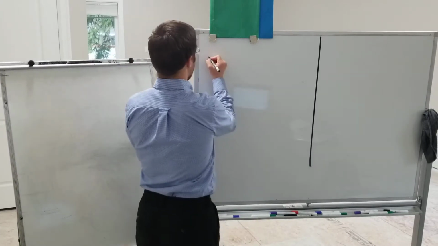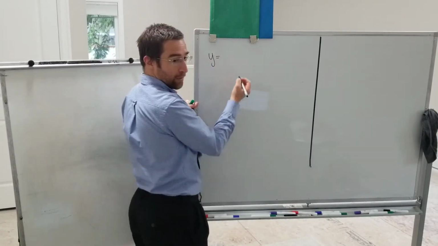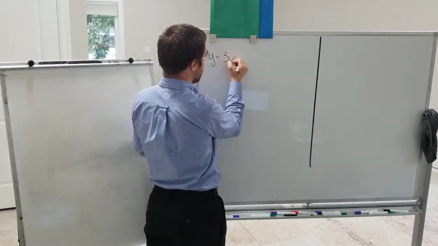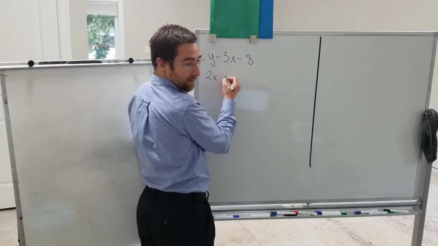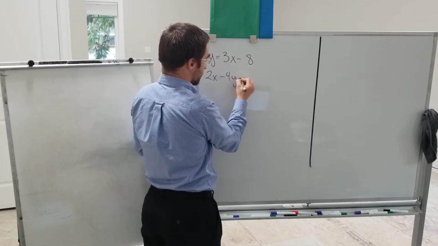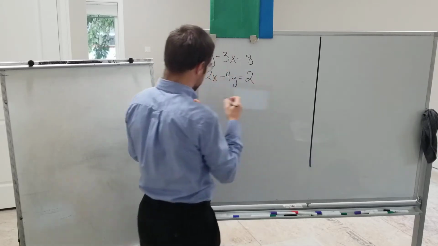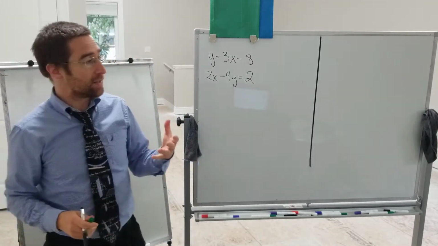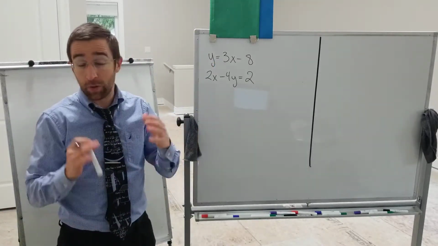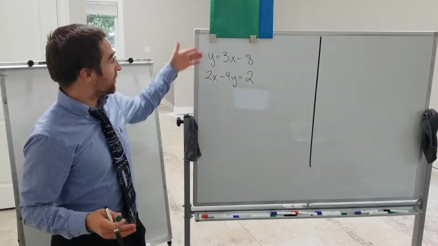So here we have a system: y equals 3x minus 8, and then 2x minus 4y equals 2. So our goal, remember, for a system of equations, is to find the x and y number, the coordinate point, that satisfies both equations.